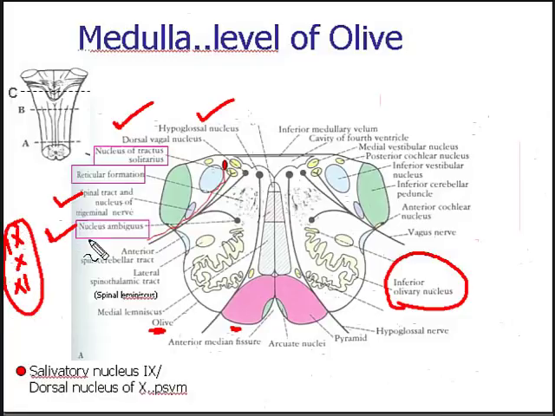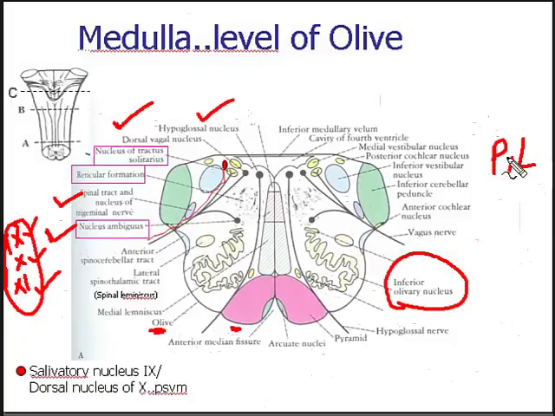So you'll see this nucleus ambiguus a little higher up also. It gives rise to fibers of the 9th, 10th and 11th, and it is meant for supply of the muscles of the pharynx and larynx. So this is the nucleus ambiguus, which is the motor part of the 9th, 10th and 11th, and it supplies muscles of pharynx and larynx.